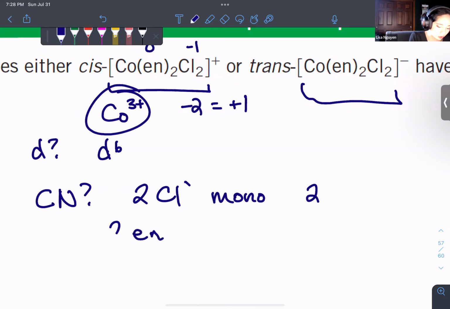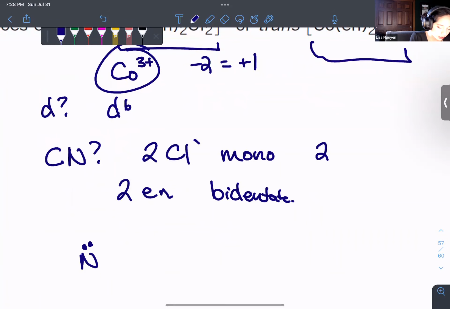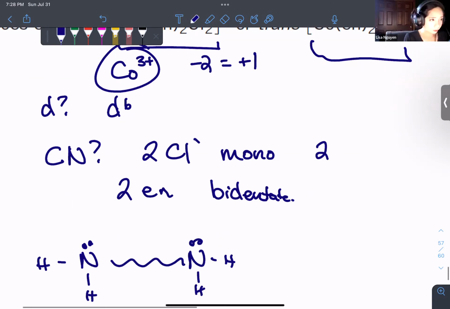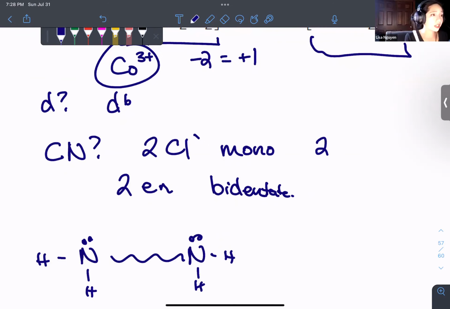Ethylene diamine, there's 2 of them. This is a bidentate. All right, bidentate, because when you write out ethylene diamine, there's a nitrogen, and then there's like a carbon, and then there's another nitrogen. All right, and these are hydrogens. So essentially what ethylene diamine is 2 ammonias that are connected to one another via a carbon chain.